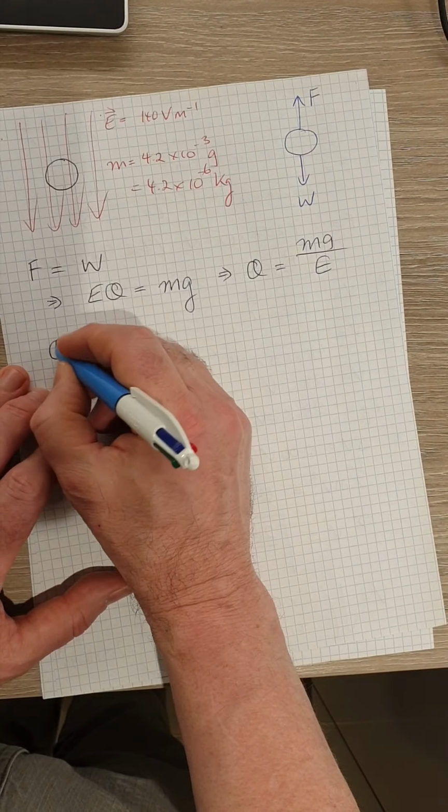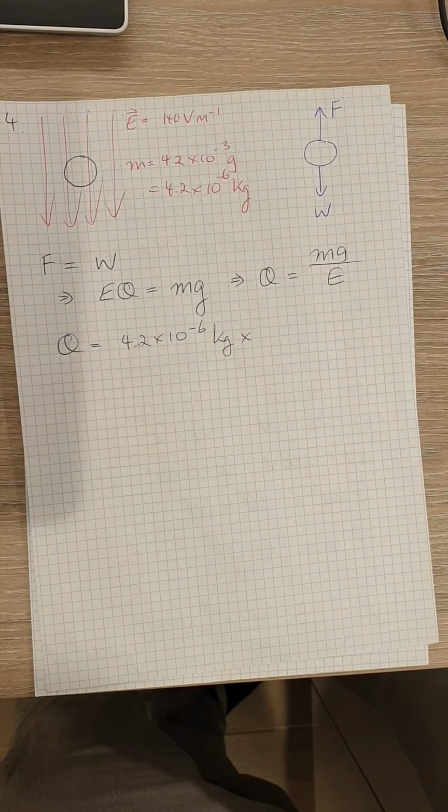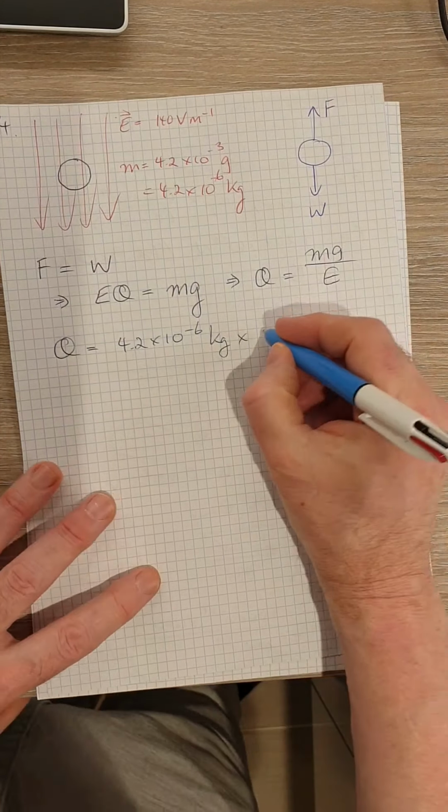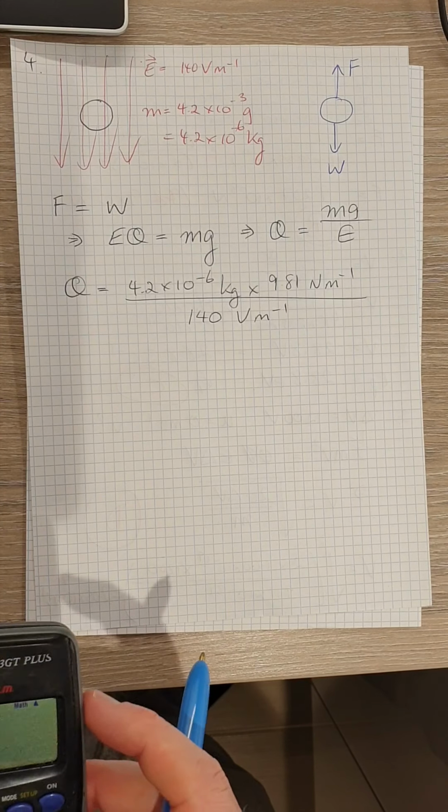It doesn't give us a number here, so we're going to get this number from the data sheet, which is gravitational field strength 9.81 newtons per kilogram, all divided by electric field strength, which is 140 volts per meter. Put that into the calculator.